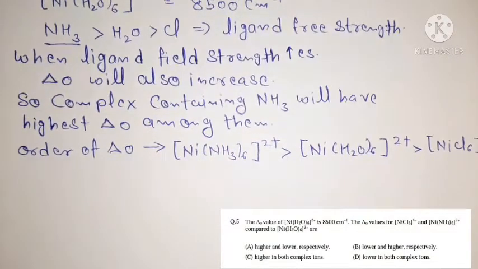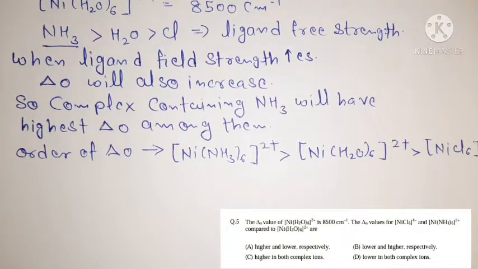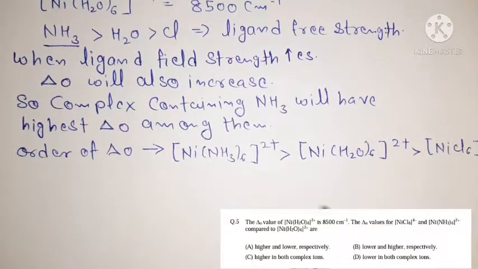Okay, and see in the corner of your question they will ask the del O values of NiCl6 4- and Ni(NH3)6 2+ respectively. So the value of del O of NiCl6 4- is low compared to Ni(H2O)6 2+. Okay, and the value of del O of Ni(NH3)6 2+ is high compared to Ni(H2O)6 2+.